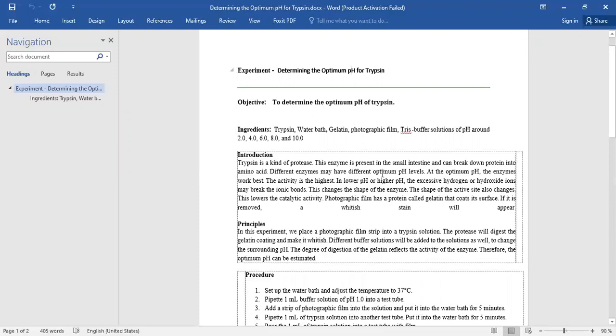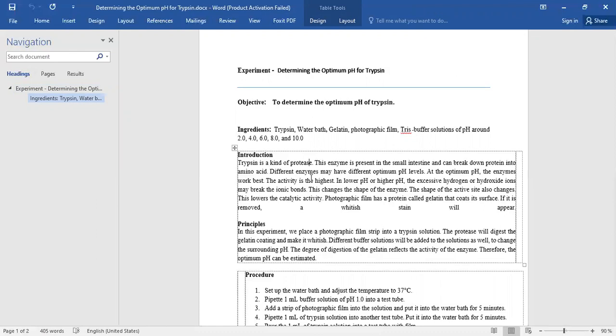In this experiment, we need to determine the optimum pH, the pH at which trypsin shows its best enzymatic activity. For this, we need to give a protein that will be digested by the trypsin.